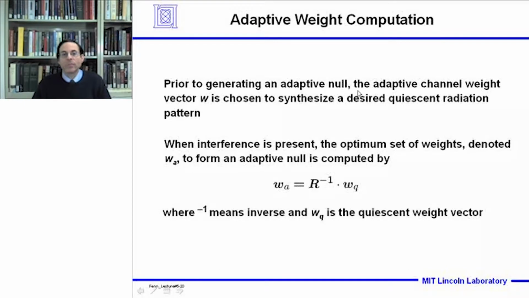Prior to generating an adaptive null, the adaptive channel weight vector is chosen to synthesize a desired quiescent radiation pattern. And when interference is present, the optimum set of weights to suppress the interference is computed as follows. We invert the covariance matrix and then multiply that result times the quiescent weight vector, which gives us the adaptive array weight vector.